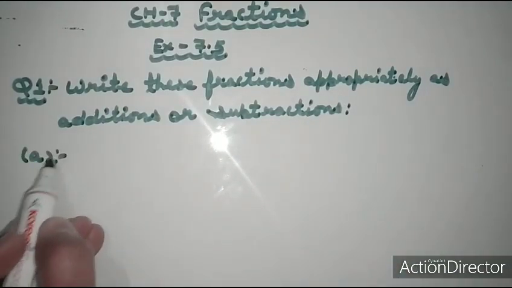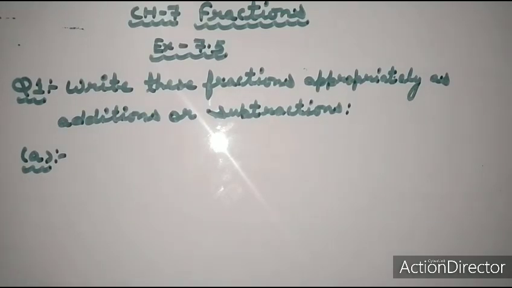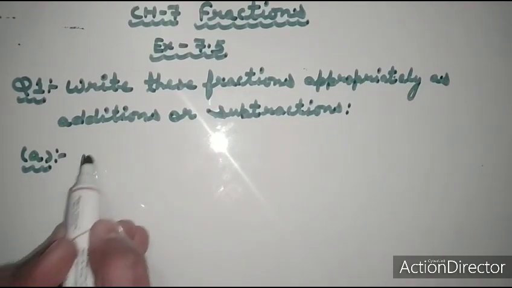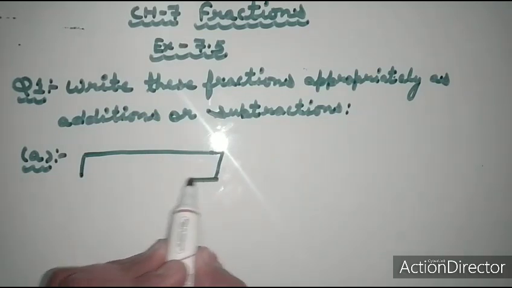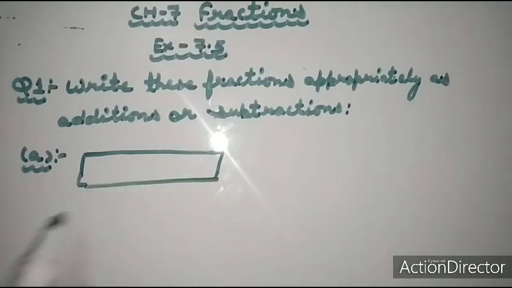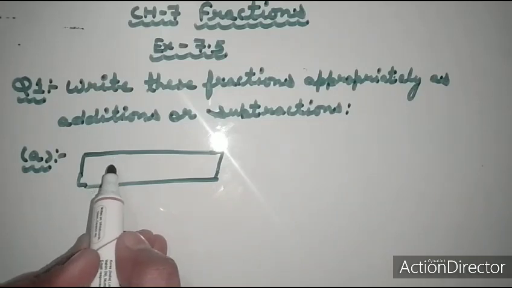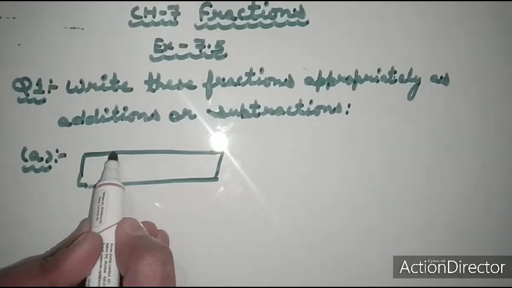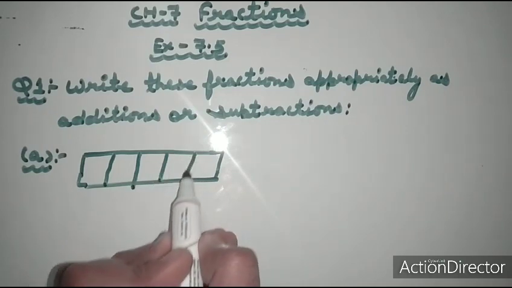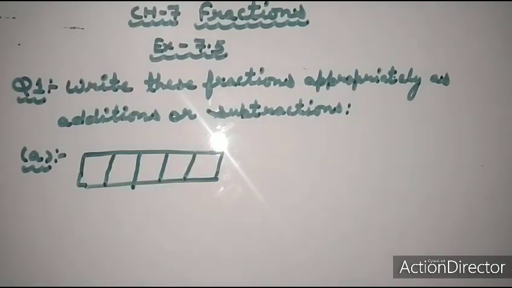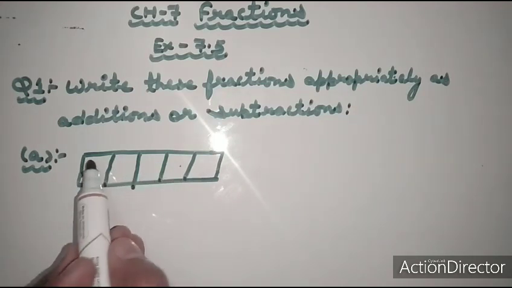Now here I solve a part of this question. In the first figure, this is a rectangular box and the total parts of this box are 5: one, two, three, four, 5.